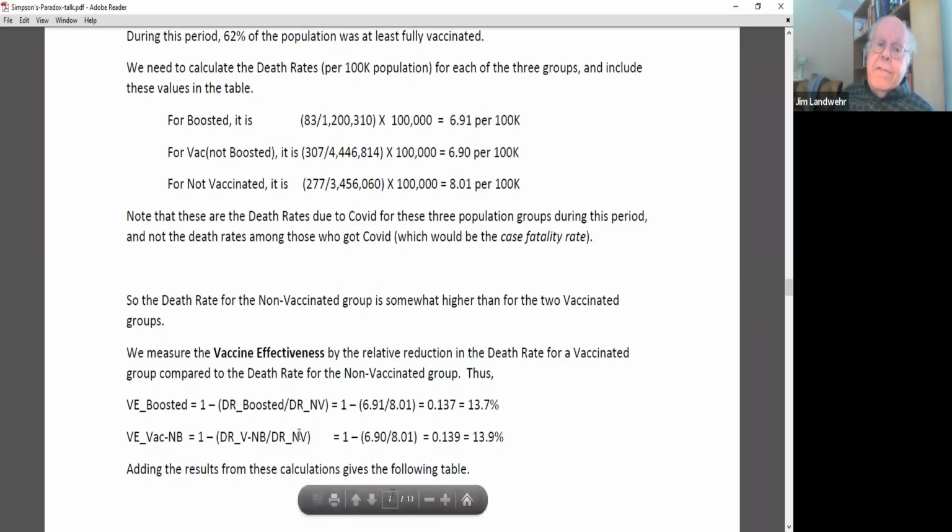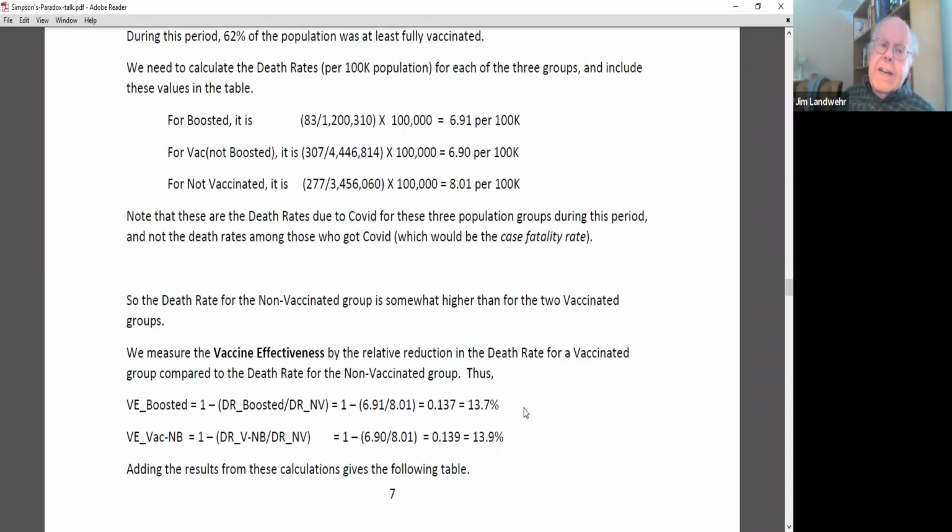So the vaccine effectiveness for the boosted group would be 1 minus the death rate for the boosted group divided by the death rate for the non-vaccinated group, because we want to look at how much the death rate from the non-vaccinated group is reduced when compared, how much the death rate for the boosted group is reduced relative to the non-vaccinated group.